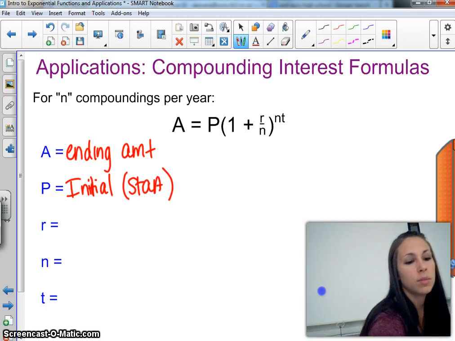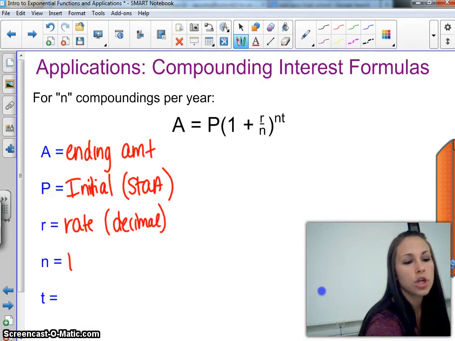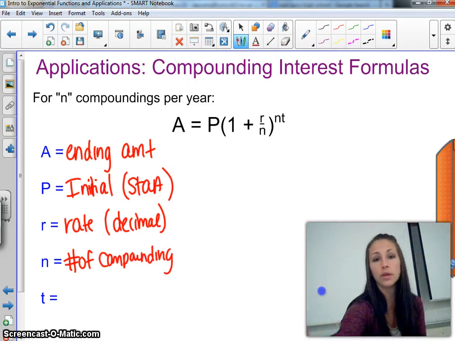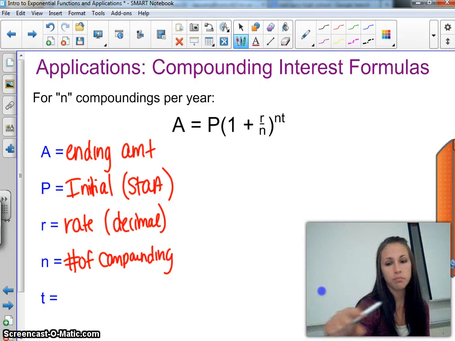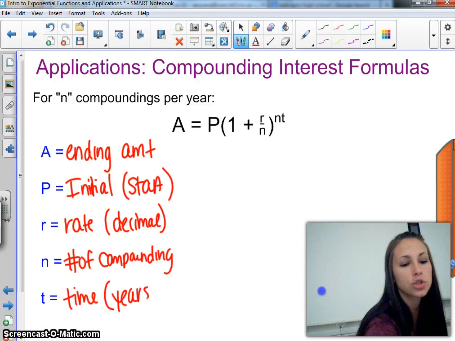R is the rate. You have to make sure you plug this in as a decimal. N is just the number of times you compound your money. That's where you get your yearly, semi-annually, whatever the case may be. And then T is just the time. You have to make sure this is in years.